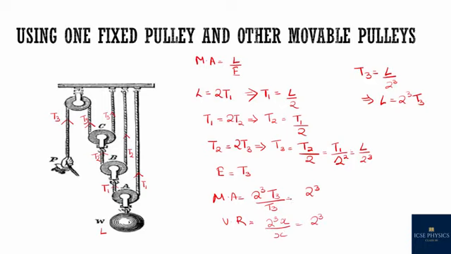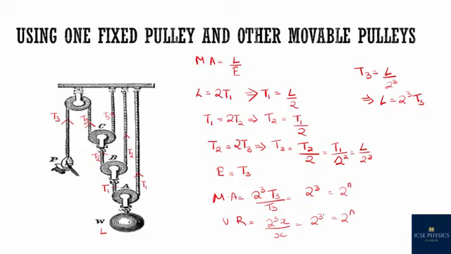So mechanical advantage and velocity ratio remain the same in the case of one fixed pulley and other movable pulleys. But note here, how many movable pulleys are there? 3. So mechanical advantage is equal to 2 to the power n, where n is the number of movable pulleys.